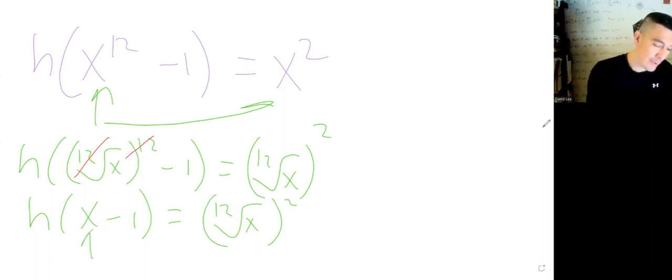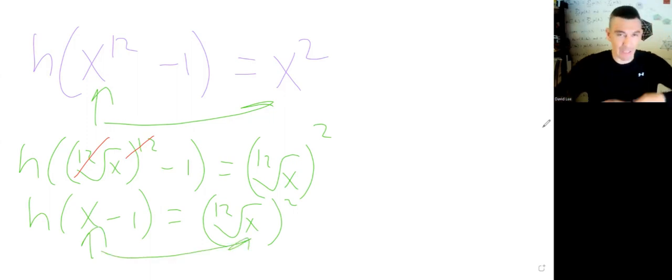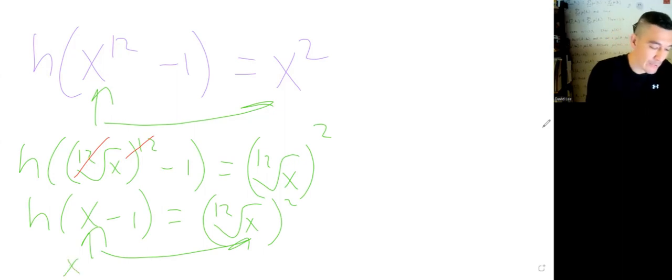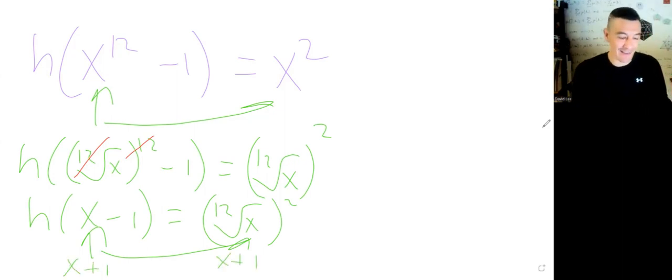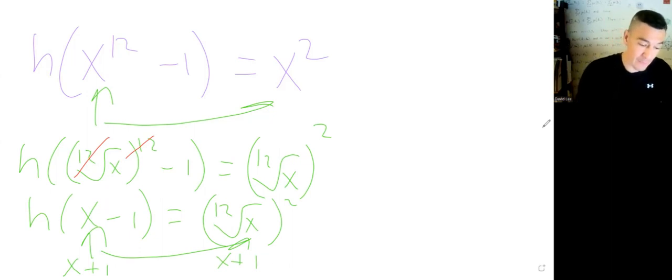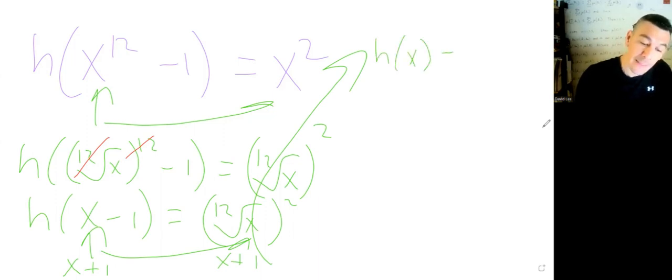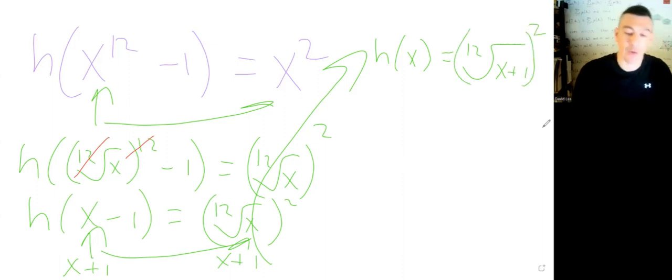So here now, going in for both of the x's, we could plug in the quantity x plus 1, because that will preserve the x and the 1's would knock out. See that? So up here in the top right, we would be left with h of x equals the 12th root of x plus 1, all of that raised to the power of 2.